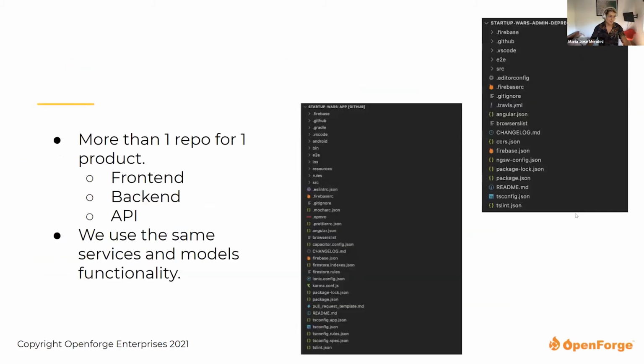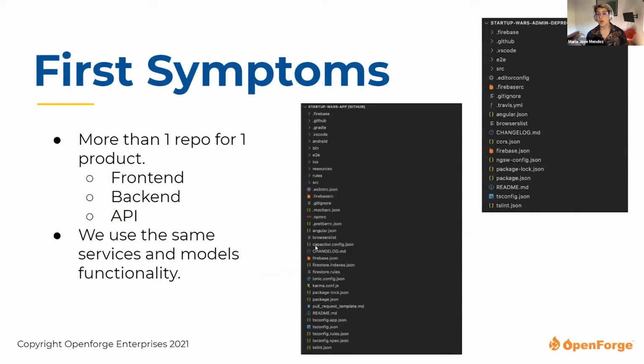And then, as Jedidiah was talking, one of the first symptoms that we noticed was that we were having 3 different repositories. So we used to have a front-end repository, a back-end repository, and an API repository. All those 3 repositories were for the same product.